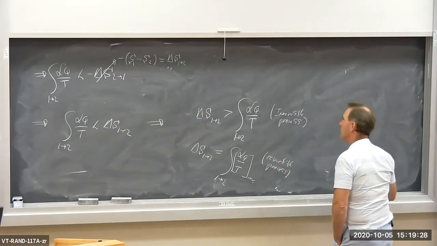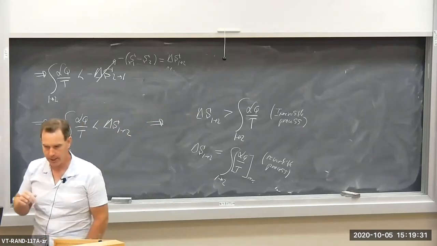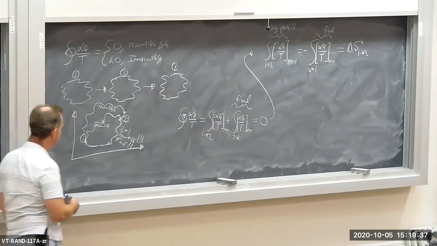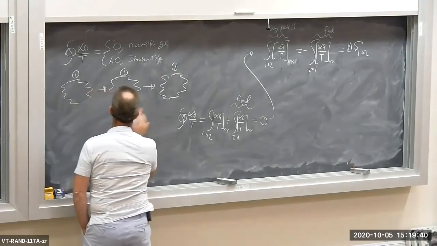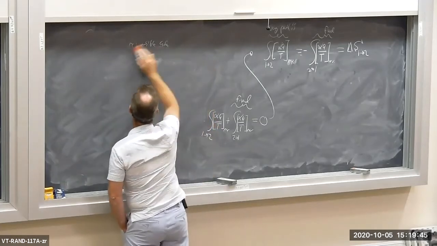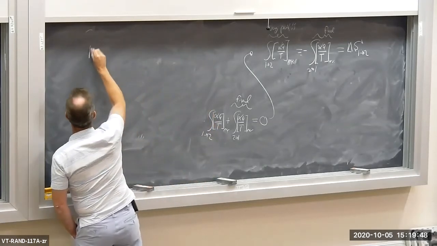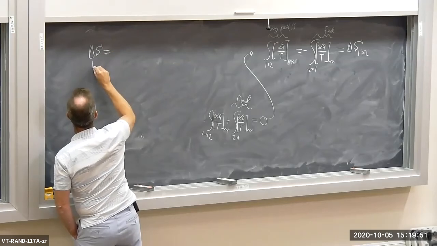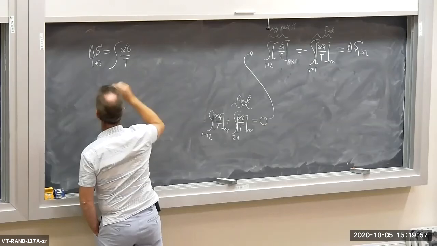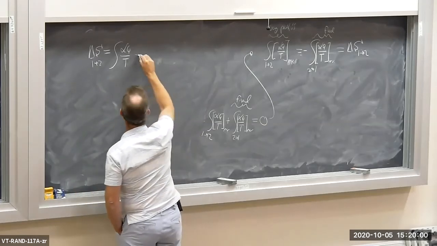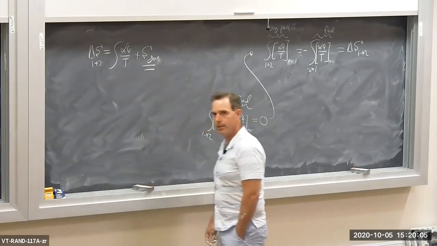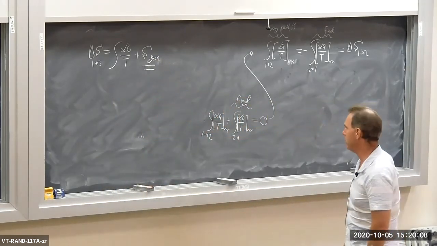This is what I'm going to do. I'm going to take this fact and write out a new conservation equation for S, a brand new conservation or entropy balance for S. Delta S from 1 to 2 is equal to the integral of del Q over T plus S gen. Now, what is this S gen about?